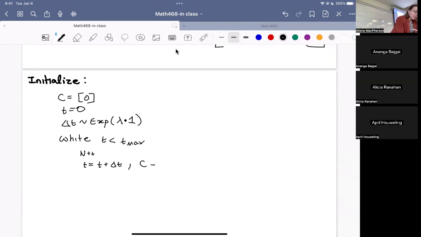And updating time takes two things in this process. The first thing I have to do is elongate each of my existing lineages. So I add a delta t to each diagonal element.